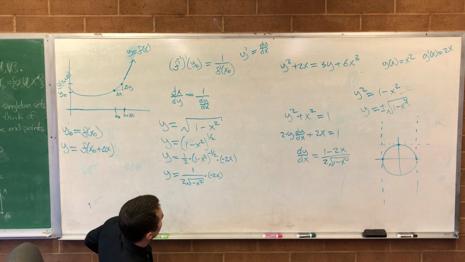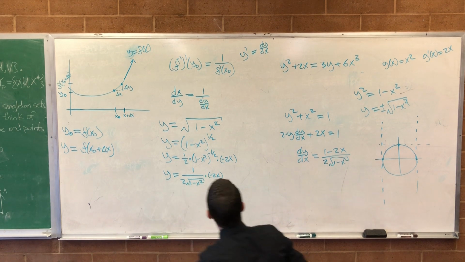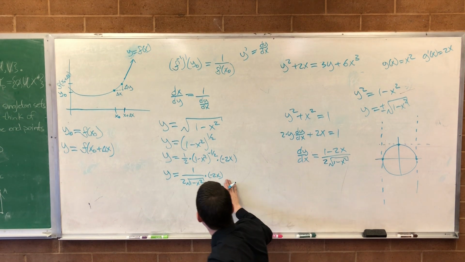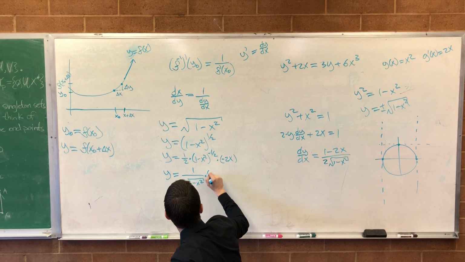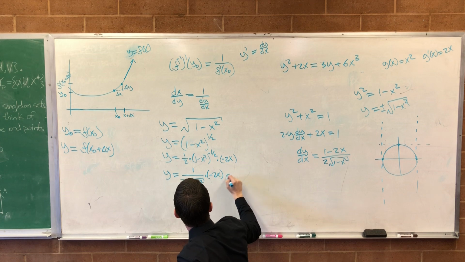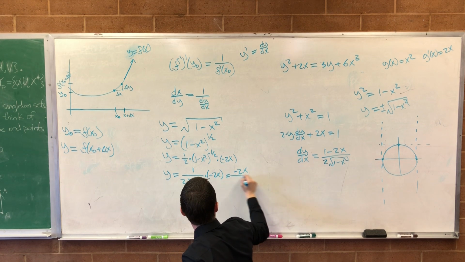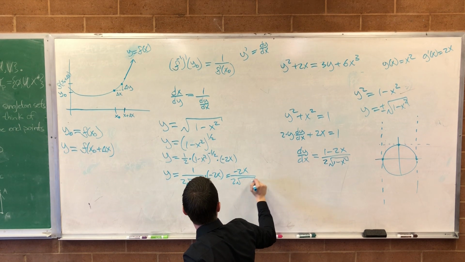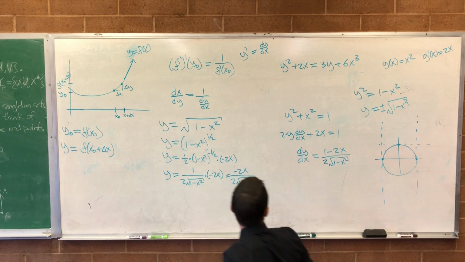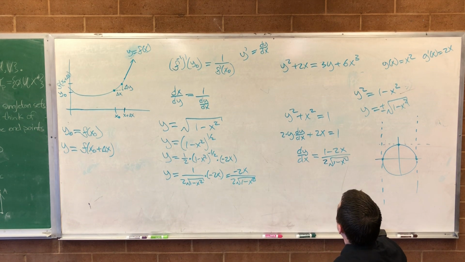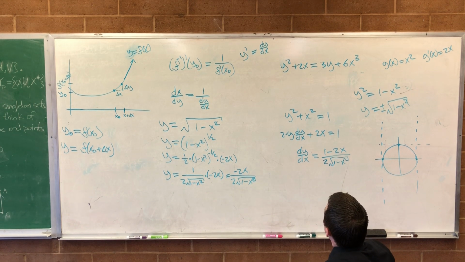Ooh, but it's times. So it's not 1 minus 2x, it's 1 times negative 2x, which is equal to negative 2x over 2 square root of 1 minus x squared. Which makes more sense. Because that would be 0.